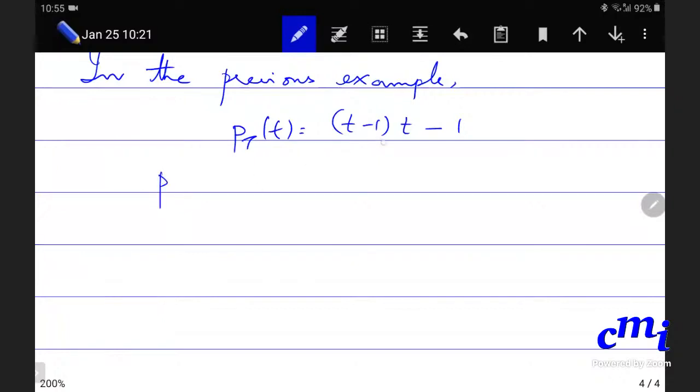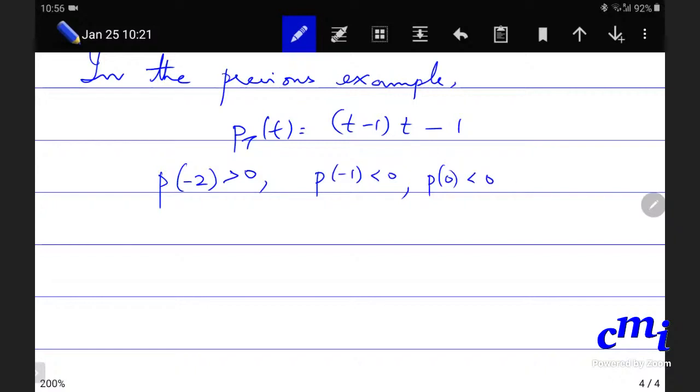One can see that it has two real roots. Lambda is a root of this if and only if lambda and lambda minus 1 are multiplicative inverses of each other. That's what this condition says. So one can check that p of minus 2 is positive, p of minus 1 is negative, p of 0 is negative.